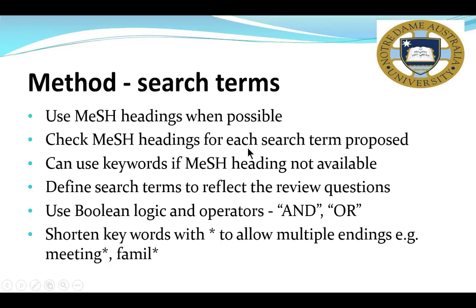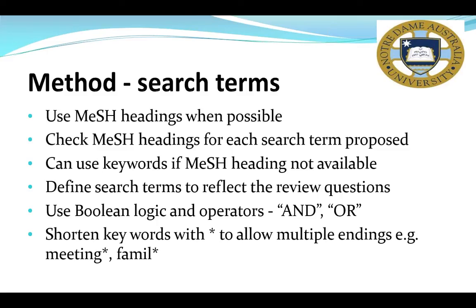Now, we've mentioned search terms previously. Some tips around that. The first one is to use MeSH headings where possible and check the MeSH headings for each search term proposed. You won't always get a MeSH heading to suit your search terms, so sometimes you have to use keywords. It's really important to define the search terms to reflect the review questions.